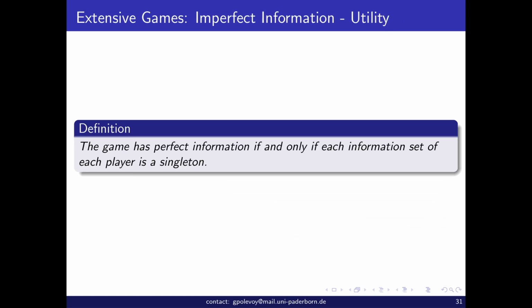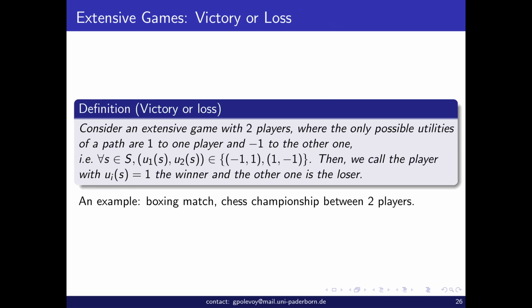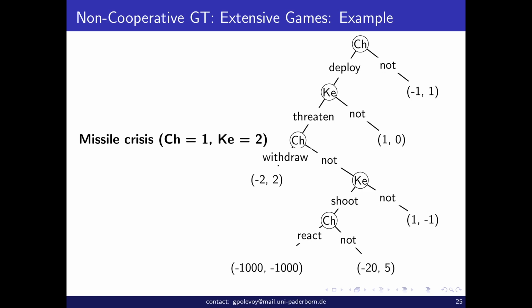Let us look at the example with the Caribbean crisis. If Khrushchev does not deploy the missiles, he will never have to decide what to do if he is shot by Kennedy, according to his model. But the strategy has to specify what Khrushchev will do at each of his action states.